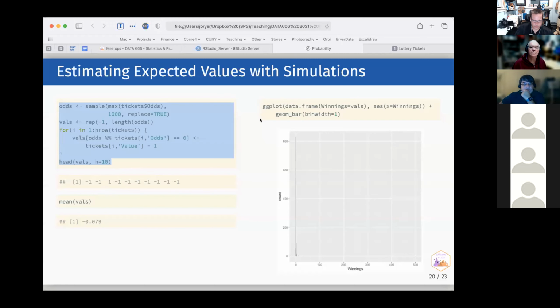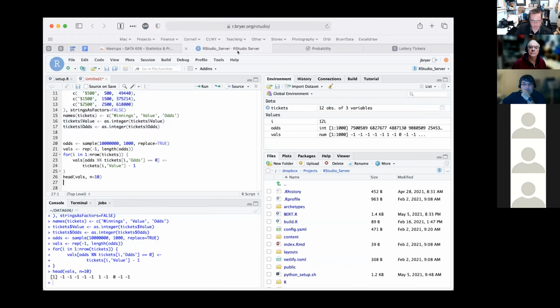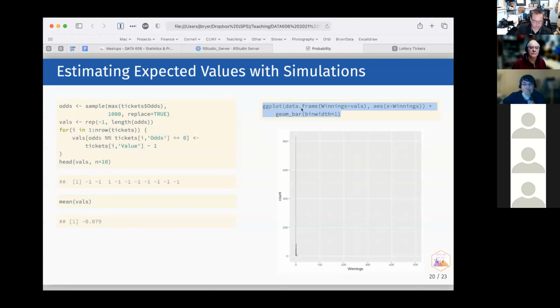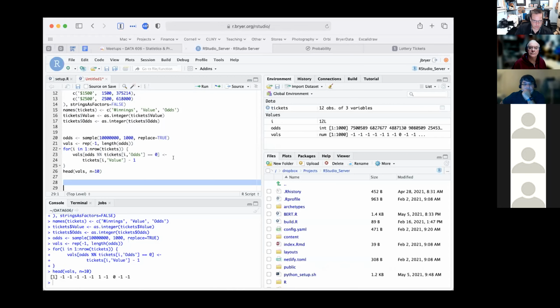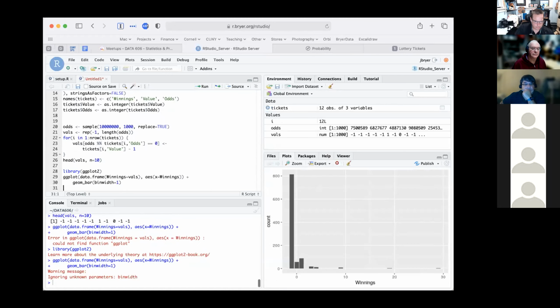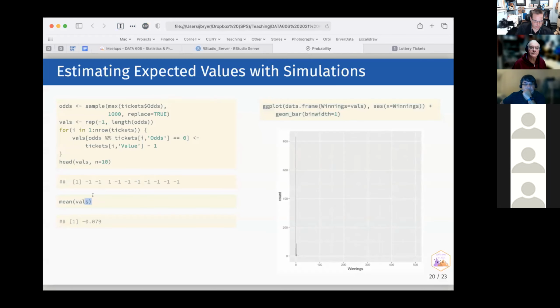Of course, I have a blog post I'll put up soon about random numbers, because I don't think we talked about that yet, or setting seeds in R. I may not have loaded ggplot. And really what I want is this thing, mean vals.